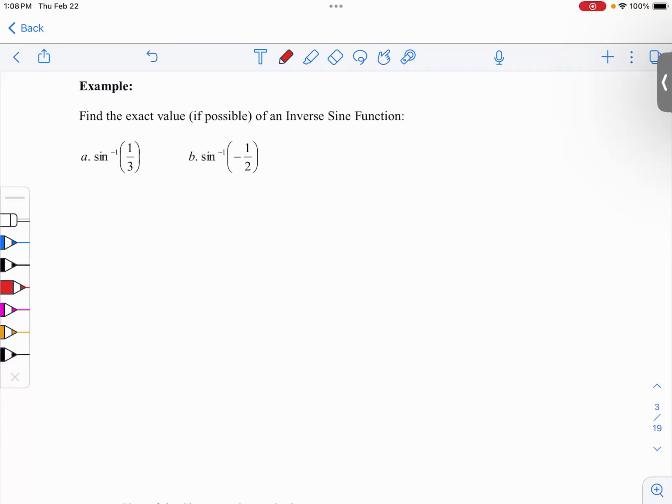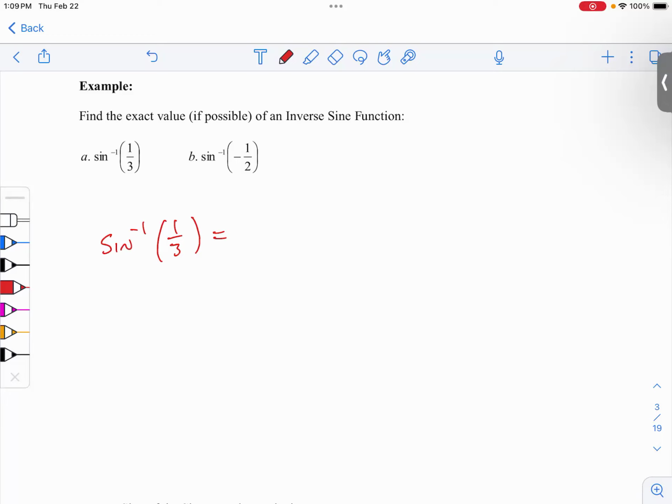So along this then comes the calculator. Sine inverse of a number is still some number. Guess how we do this? If possible, we're going to do the exact value.